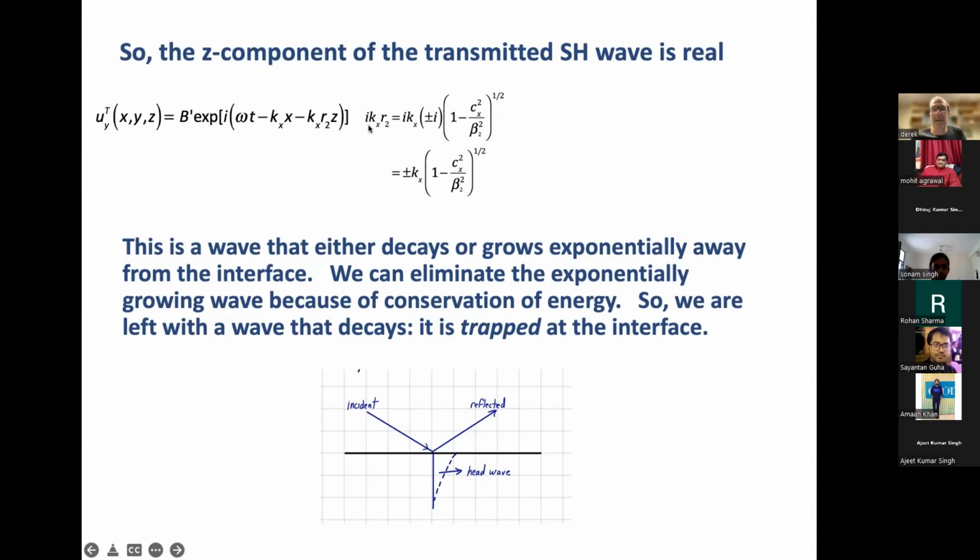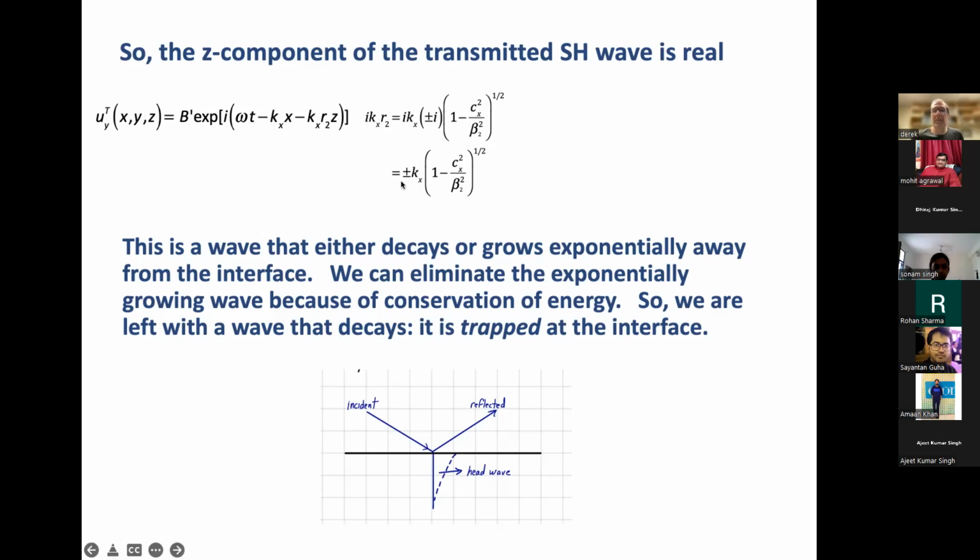So i times k sub x times r sub 2 is equal to plus or minus k sub x times the square root of 1 minus c sub x squared over beta sub 2 squared. And so this is a real value, and this explains how the amplitude diminishes or grows with distance from the z-axis, where the z-axis is the boundary between the two interfaces.